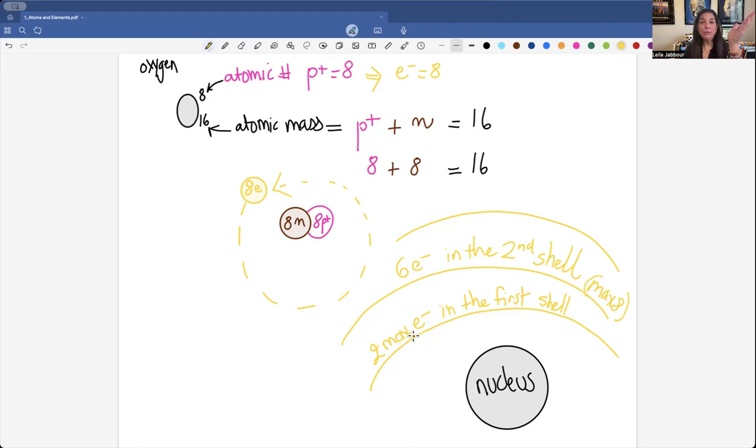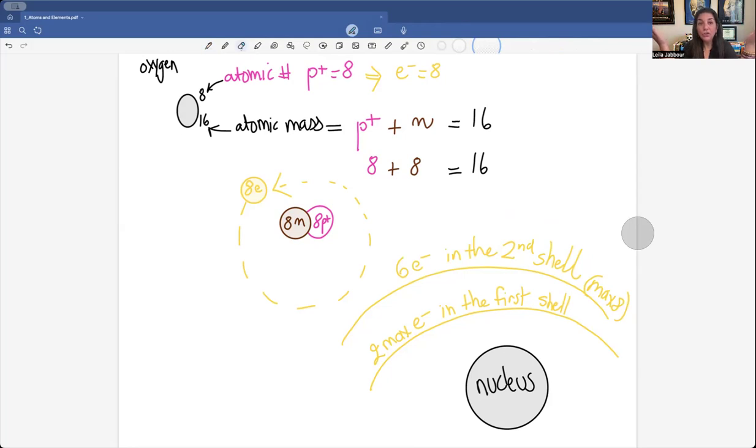The first shell happened to be a maximum of 2, but the other shells around the nucleus are able to take on more electrons, up to 8. So if you have 6 electrons left, there's room for all 6 on that shell, which means that for oxygen there's actually no third shell because we don't need it. There are no electrons out there. All the leftover electrons are on the second shell, and that's it.